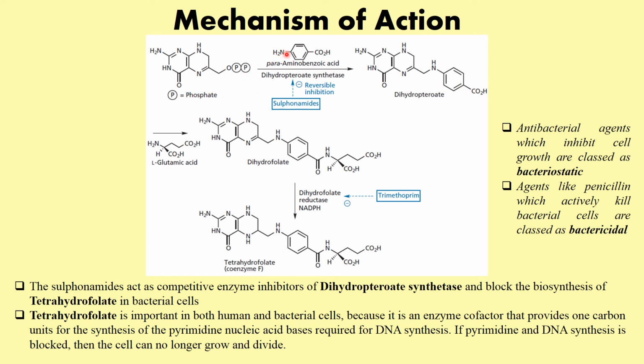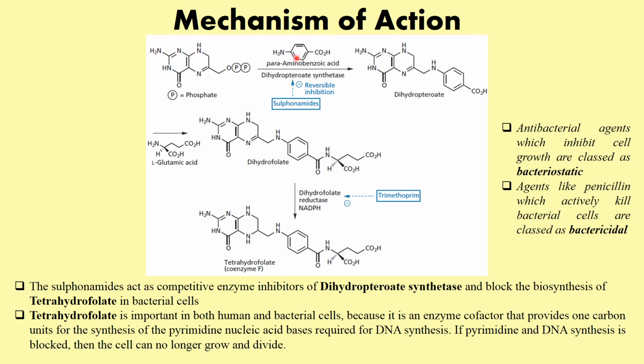So now let's put attention onto this particular step. Para-aminobenzoic acid comes and attacks in the presence of this particular enzyme. Now these sulfonamide drugs act as reversible inhibitors. What do we mean by that? It means that these sulfonamide drugs act as competitive inhibitors, meaning they compete with para-aminobenzoic acid to get attached to this pyrimidine base.